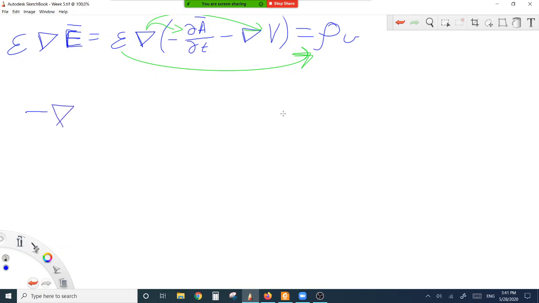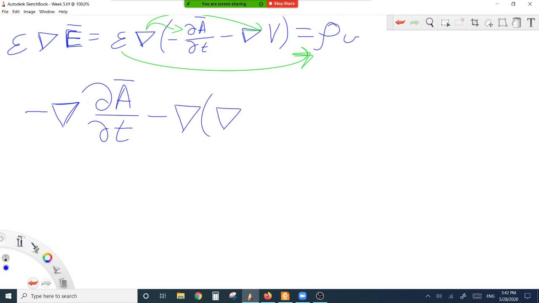It means the divergence of minus dA over dt minus the divergence of gradient of V is equal to rho V over epsilon.